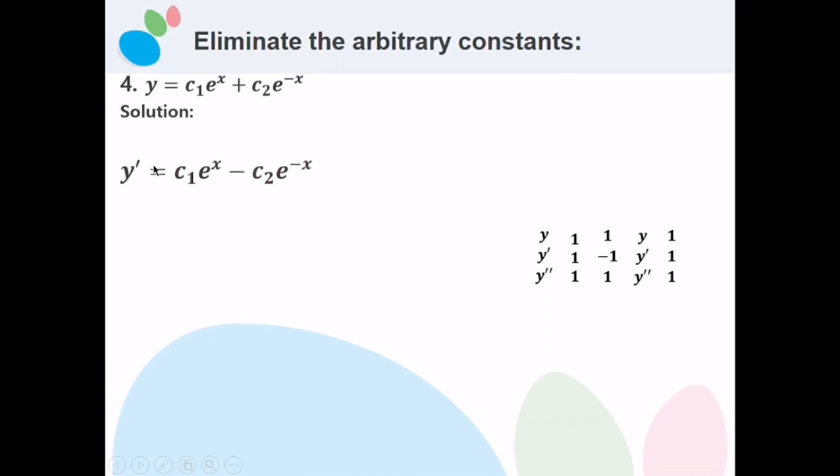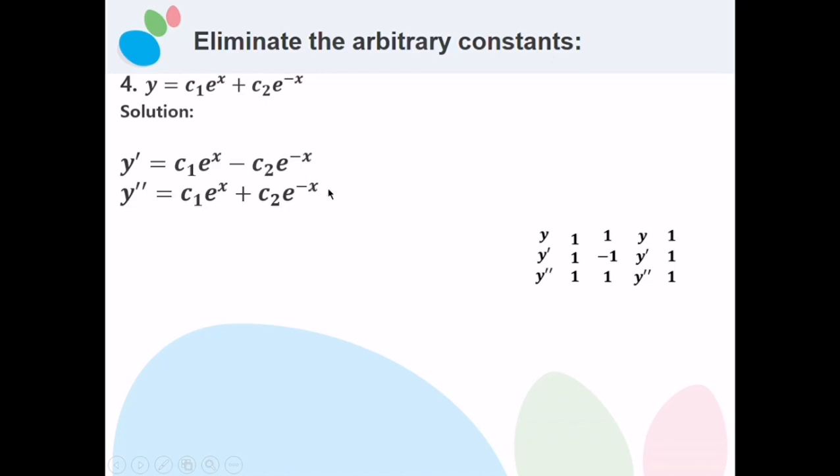So the first derivative, y prime equals c sub 1 e raised to x, and then we have a negative 1 here, so negative 1 c sub 2 e raised to negative x. Then the second derivative is the same, c sub 1 e raised to x plus c sub 2 e raised to negative x.